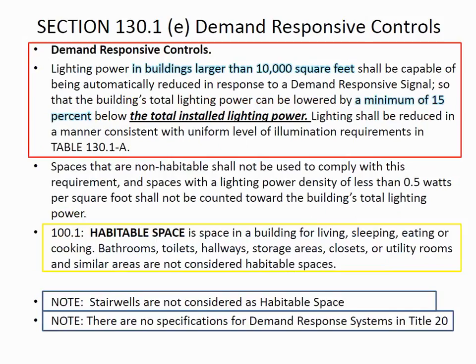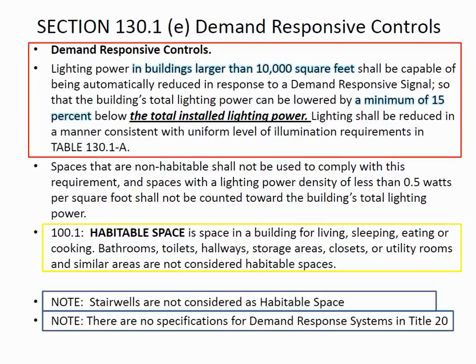Read it and weep. And I believe corridors aren't habitable spaces either. During the 2013 code cycle, which is good until the end of 2016, this is going to change for the 2016 code cycle that comes into effect January 1st, 2017.